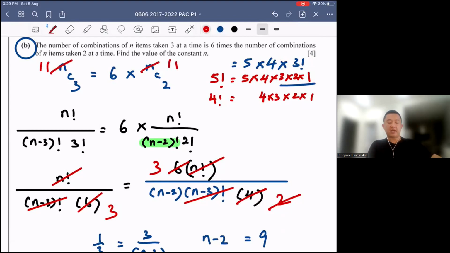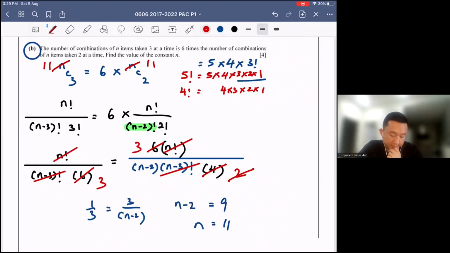11C3 is the same as 6 times 11C2. Let's check it out. 11C3 is 165. Okay, something is wrong. Let me check.